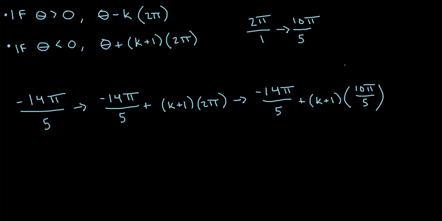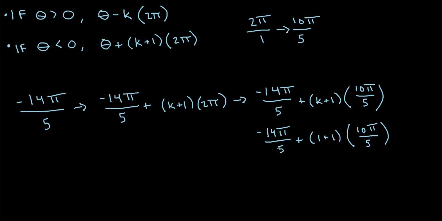Okay, now we ask ourselves, how many 10s can go into 14 without going over? Well, 10 can only go into 14 one time, so k is just going to be 1. So we can rewrite this as negative 14 pi over 5 plus, k is 1, 1 plus 1 times 10 pi over 5.